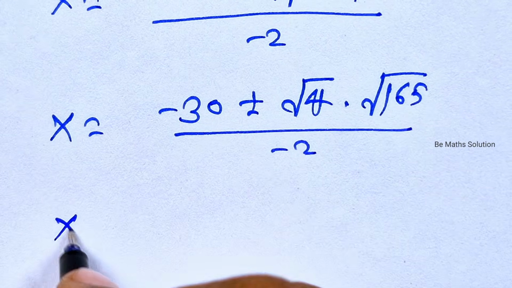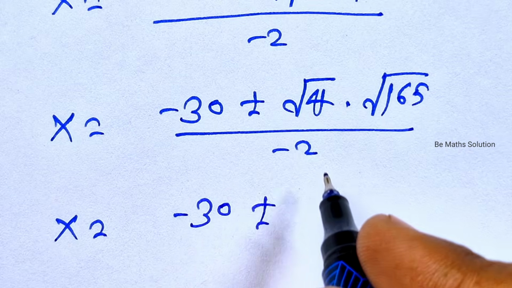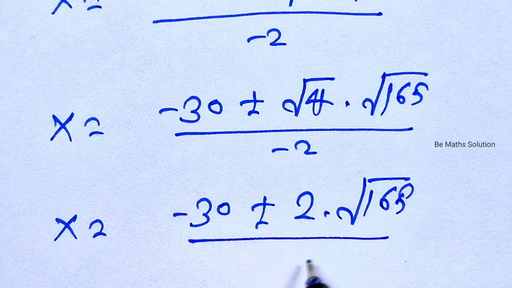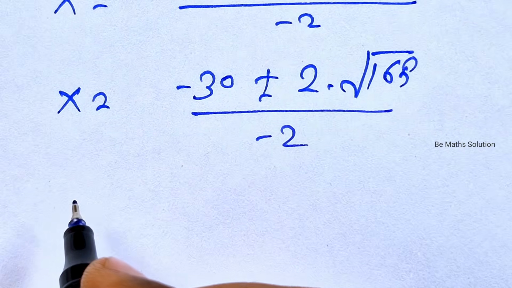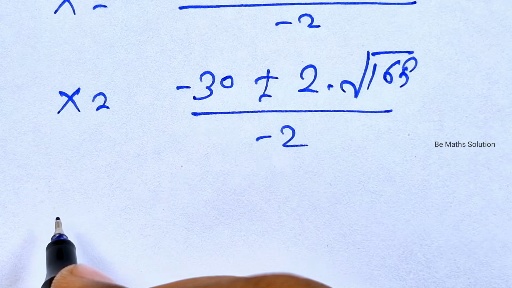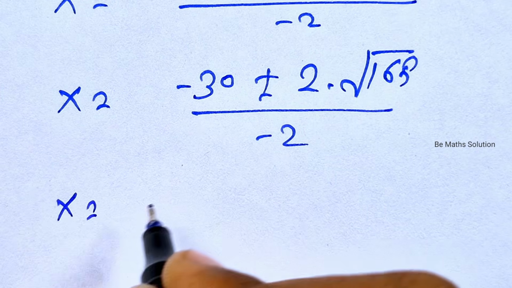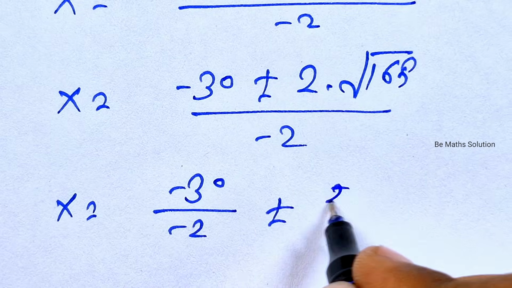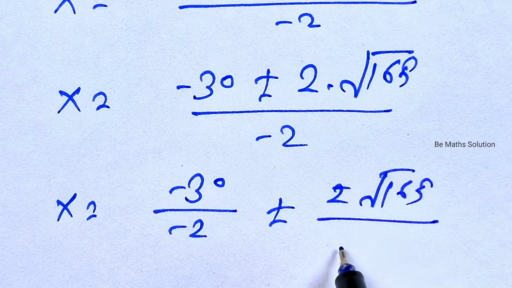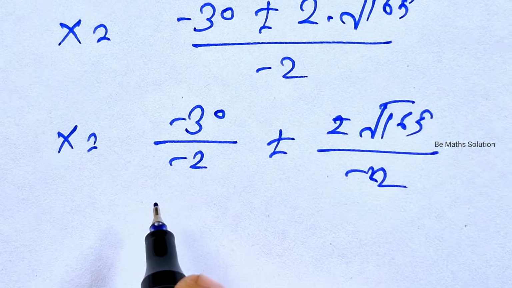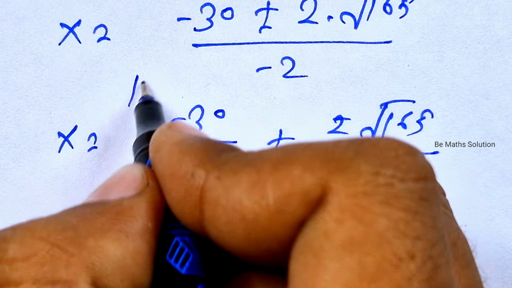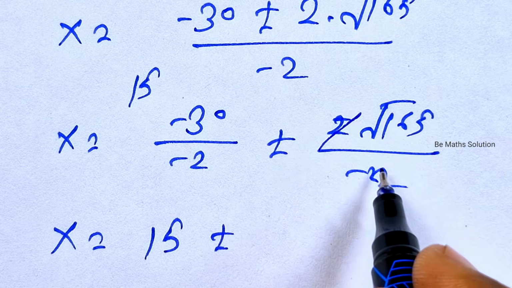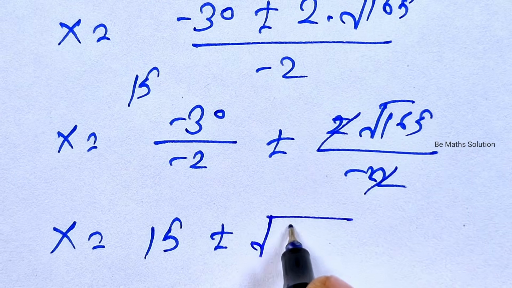Square root 4 is 2, so 2 into square root 165 over minus 2. Then separate this fraction: x is equal to minus 30 over minus 2 plus minus 2 into square root 165 over minus 2. Then 30 divided by 2 is 15, so x is equal to 15 plus minus square root 165, as the 2 and minus 2 cancel.